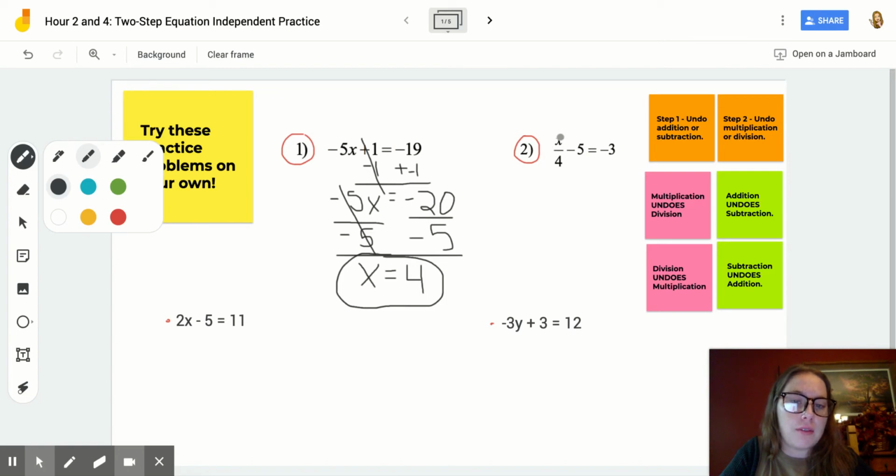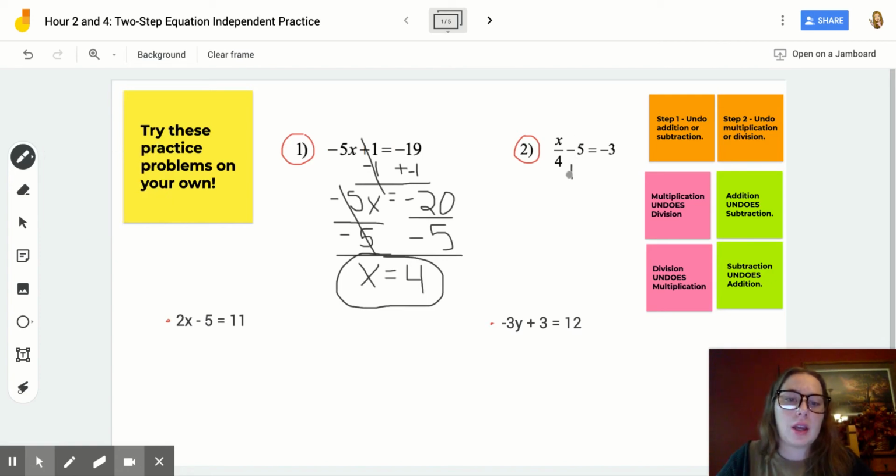So whenever you see a fraction, you know that the operation is division. We're going to hold off on that for now because our first step is to undo addition or subtraction. Here we have a minus 5, so we're going to add 5 to undo that. Negative 5 plus 5 equals 0, so that cancels out.